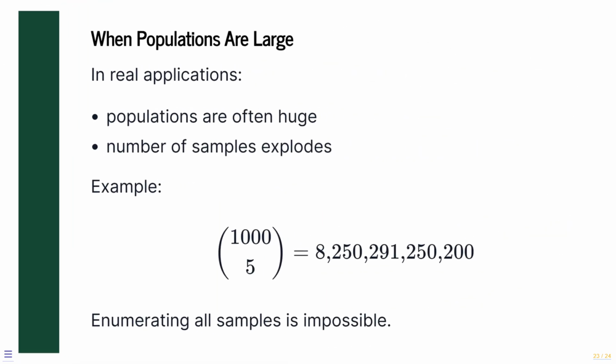In real applications, populations are often enormous, and the number of possible samples becomes astronomically large. For example, from a population of 1,000 individuals, the number of samples of size 5 exceeds 8 trillion. Clearly, enumerating all possible samples is impossible in practice.